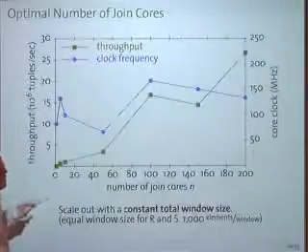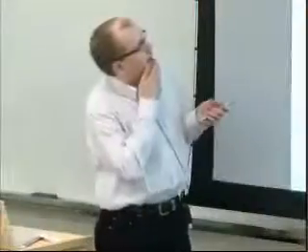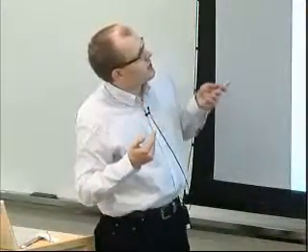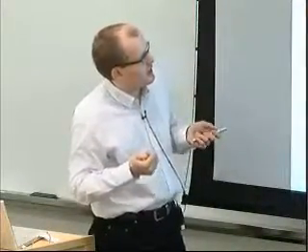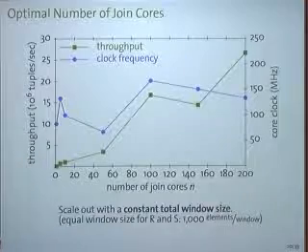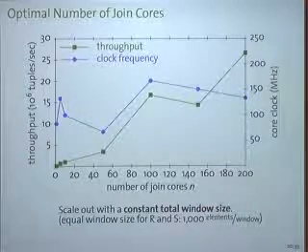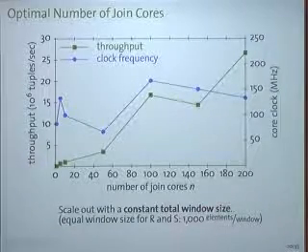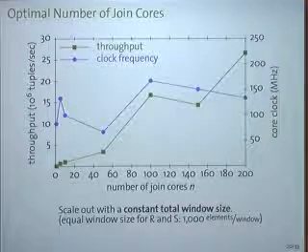But the question is, if you instantiate many cores, we might actually get a penalty in the clock frequency. So here's what happens. This green line shows the throughput, and the blue line shows the clock frequency. Clearly, the clock frequency has this kind of weird behavior. If you have one core, meaning a window of 1,000 elements processed by one core, we can operate at about 100 megahertz.